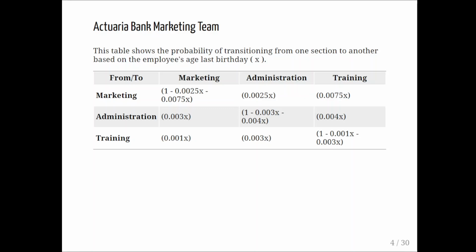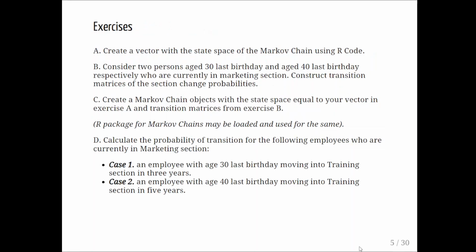So moving on to the questions now. What we have here is 7 questions, 7 exercises. A, create a vector with the state space of the Markov chain using R code. That's straightforward enough. B, consider two persons aged 30 last birthday and age 40 last birthday respectively, who are currently working in the marketing section. So that's two people, one 30-year-old, one 40-year-old. Construct transition matrices of the section change probabilities.